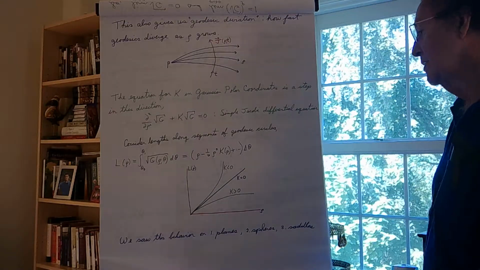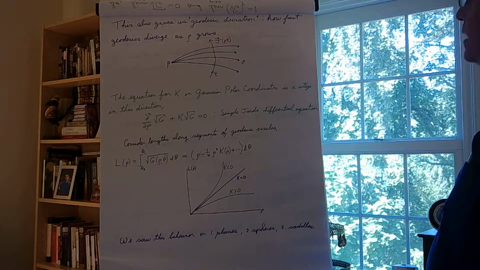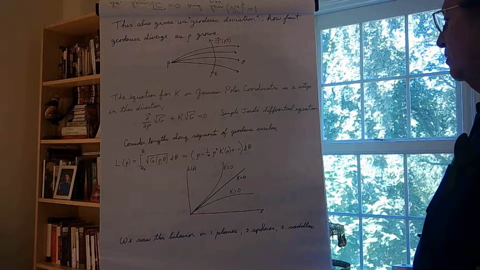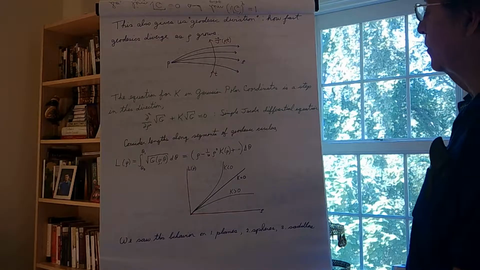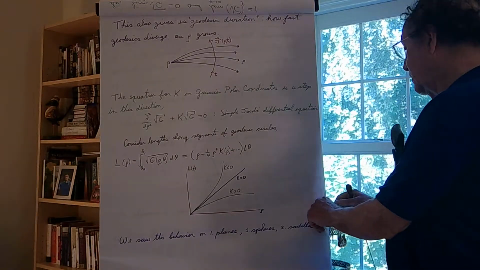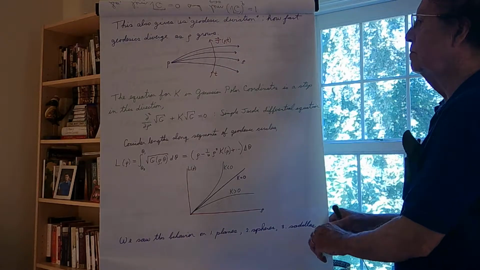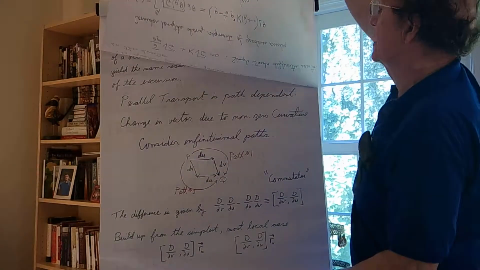This just generalizes some of the exercises that we did for special cases before, and now we see how to phrase it and generalize it to a general surface where k can vary from one point to the other. Okay, and that'll be an introduction to the idea of geodesic deviation. Okay, it's a very important concept in general relativity.